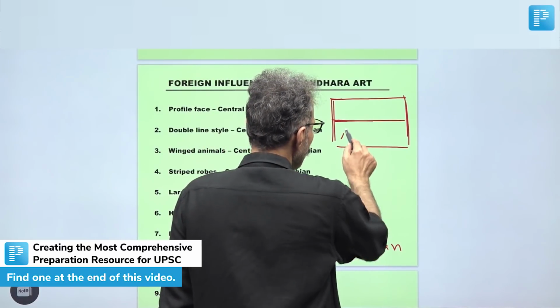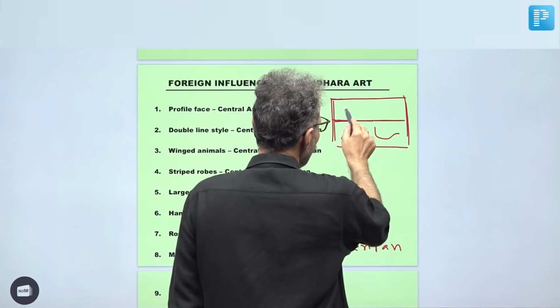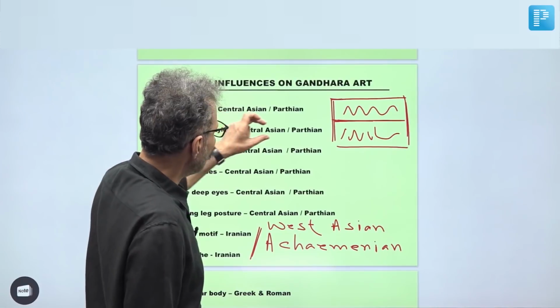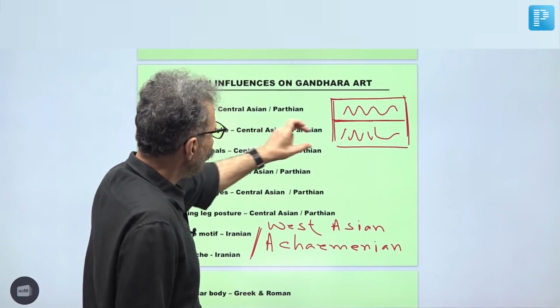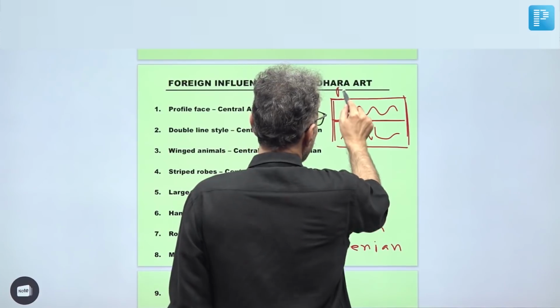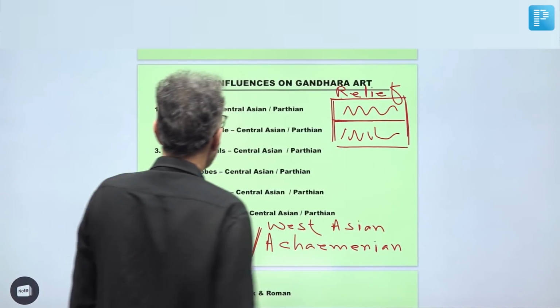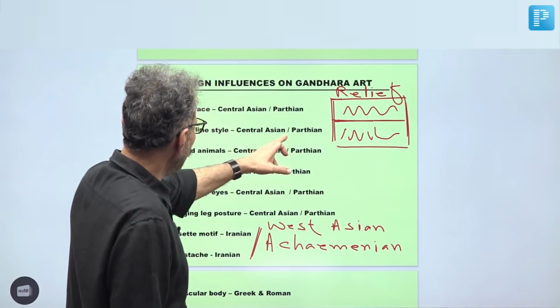So some depictions are here, some depictions are here. This is known as double line style, and this is related to relief. This is also Central Asian or Parthian.